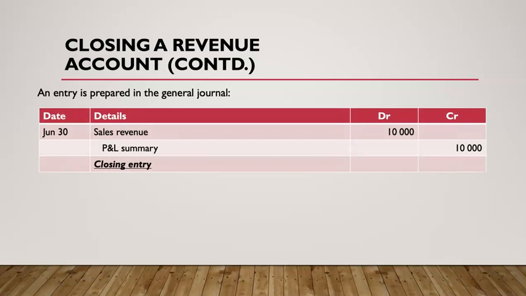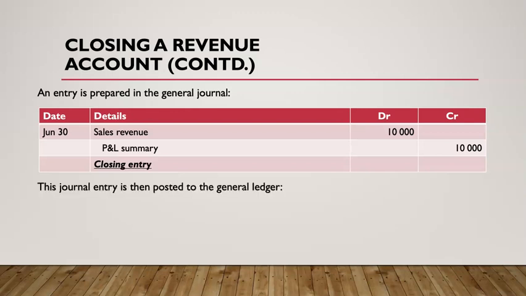On June 30, the last day of my reporting period, I'm going to write a debit of sales revenue to make that account zero. If I have done a debit, accounting rules say I must do a credit. And this is why this P&L summary account comes in, because it is my temporary account, that is my scorecard, and that's where I put my credit.